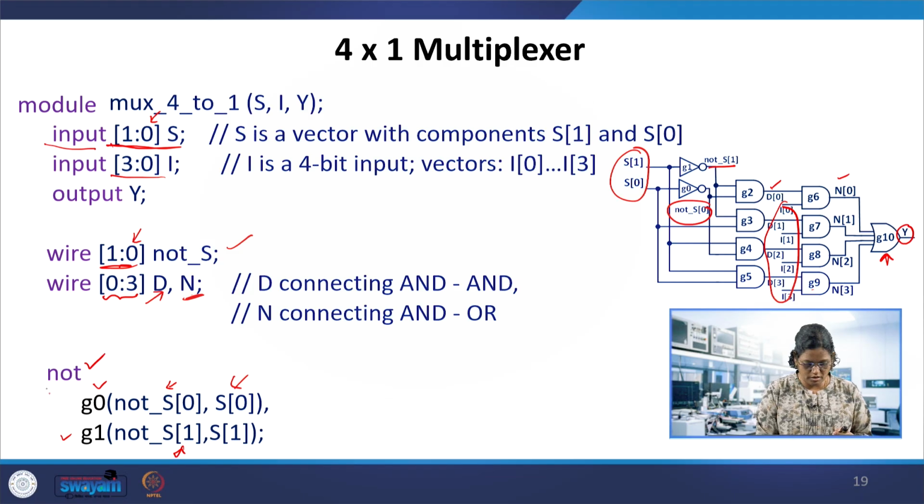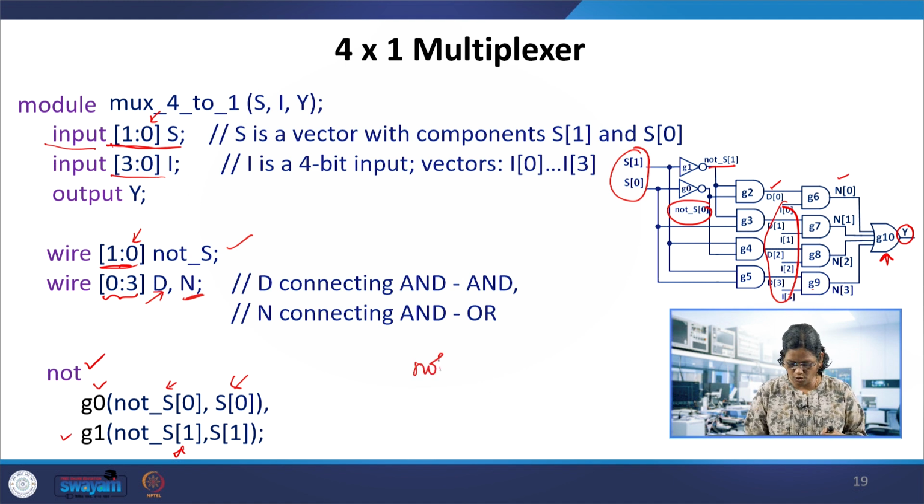You can also notice that for these NOT gates there is no semicolon separately. There is just one instantiation: write NOT and then G0, the first gate, comma, and then G1, the next gate, semicolon. So here both the gate instantiations are completed.